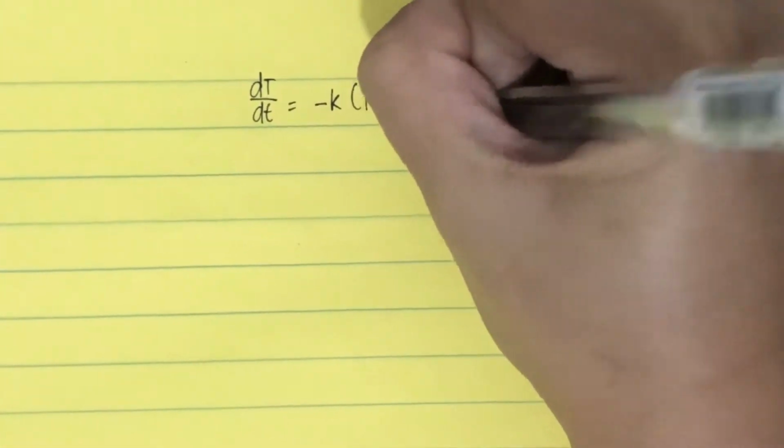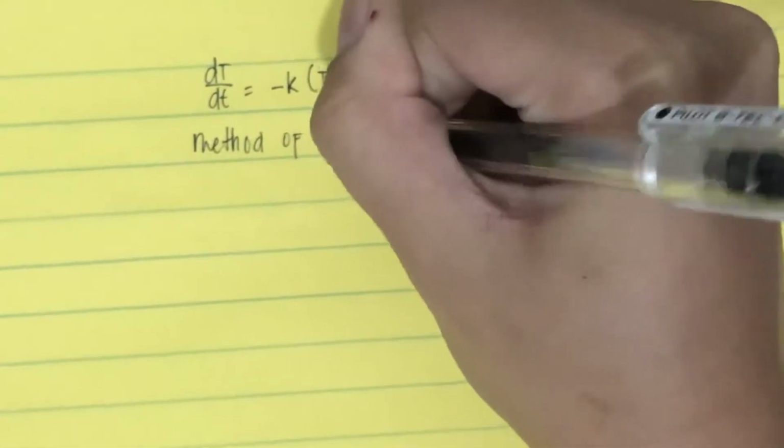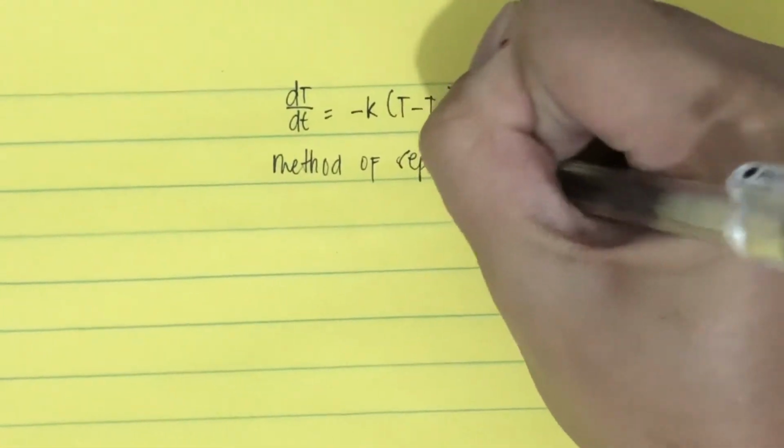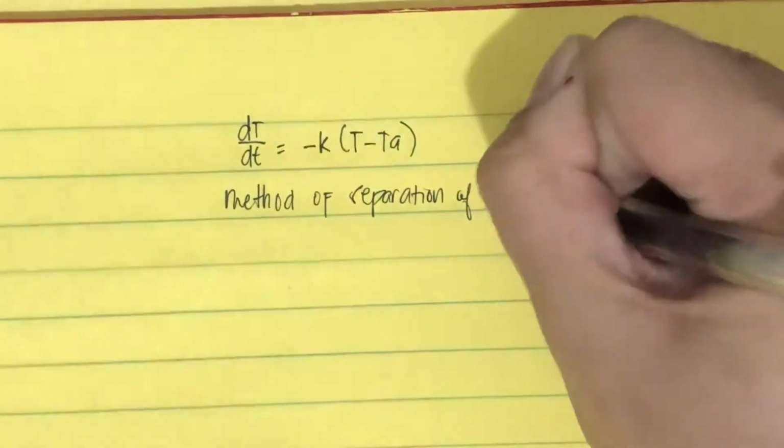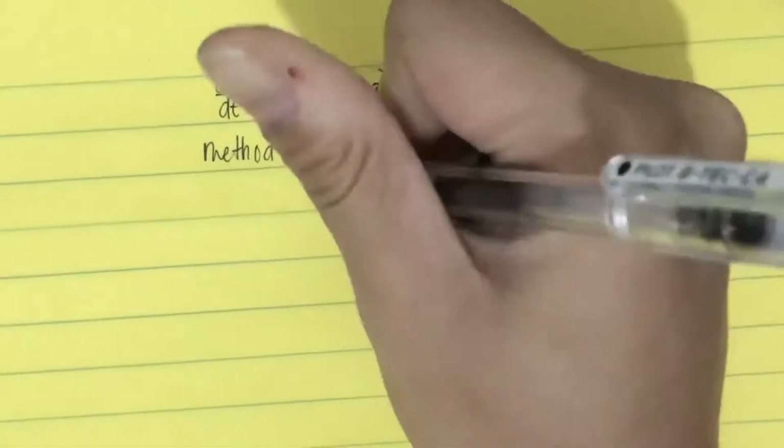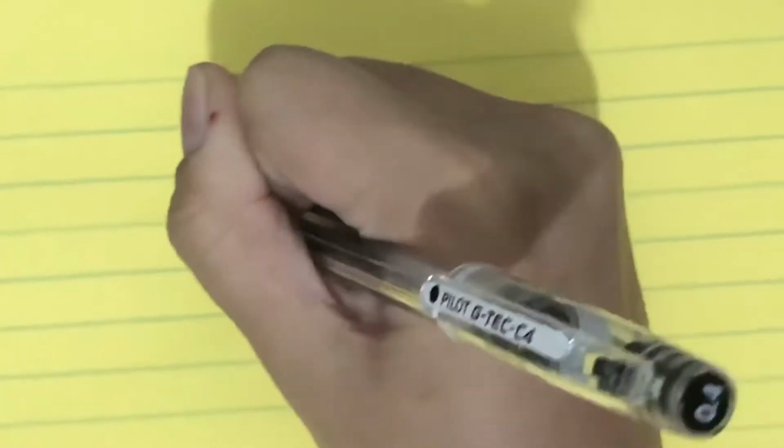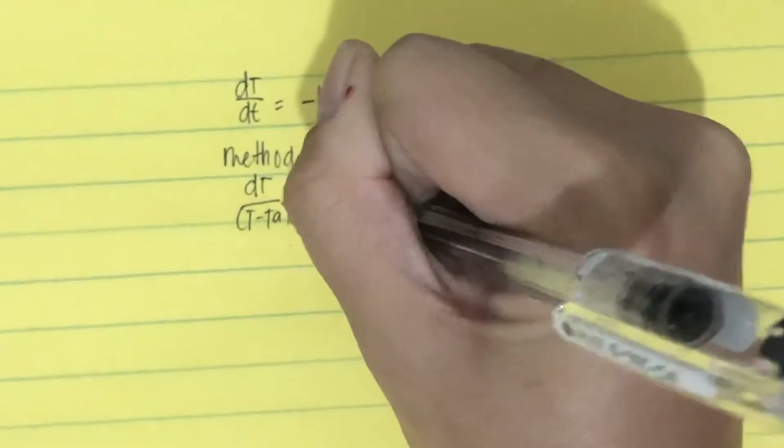So the given differential equation is dT/dt equals negative k times (T minus Ta). Then we will use the method of separation of variables and come up with dT over (T minus Ta) equals negative k dt.